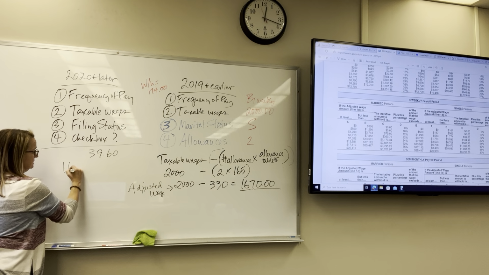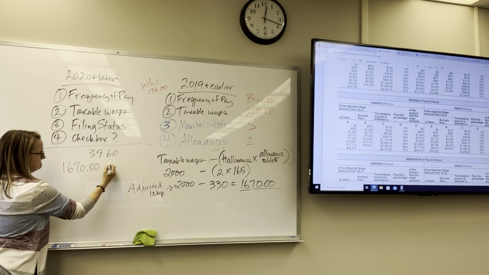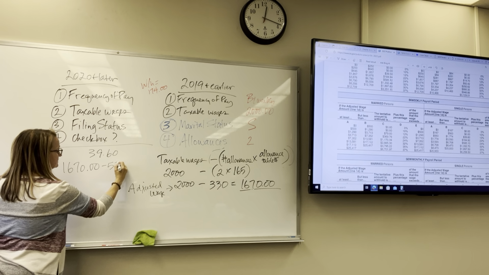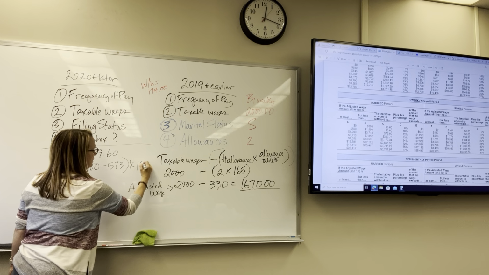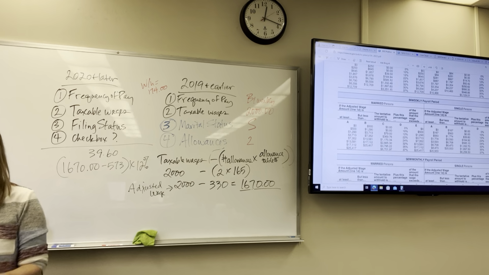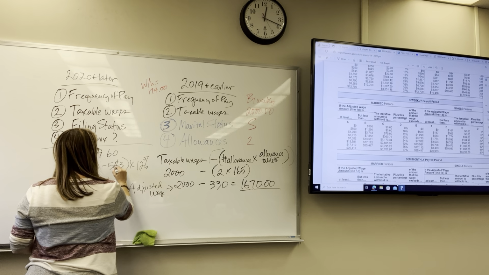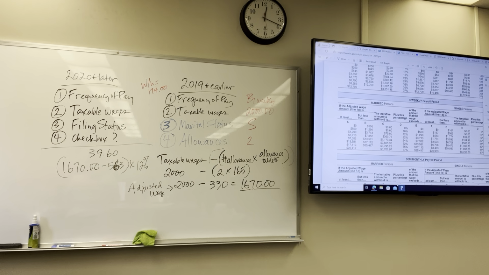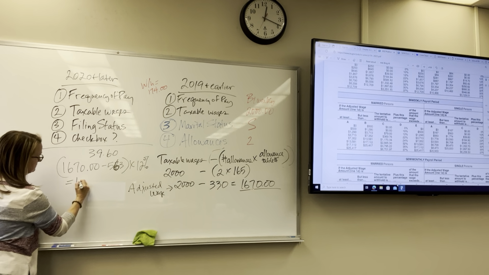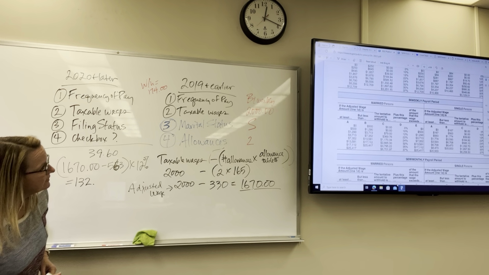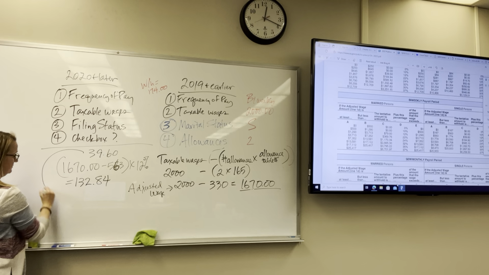So 1670 minus 563 times 12% gives $132.84. And then we're going to add those two together.